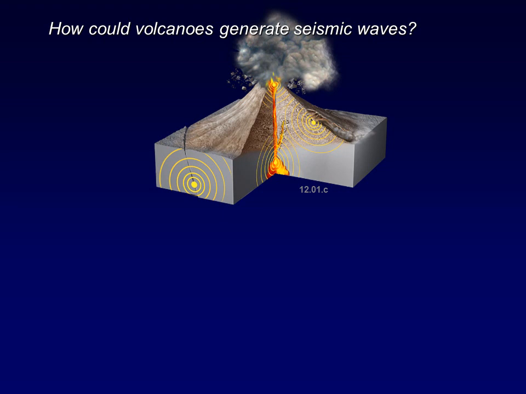Okay, so we can also generate seismic waves at volcanoes. So on your next page of notes, we're continuing with what causes earthquakes. The image on the left side of your notes is just another picture of that normal fault. So all you need to write there is movement along faults.